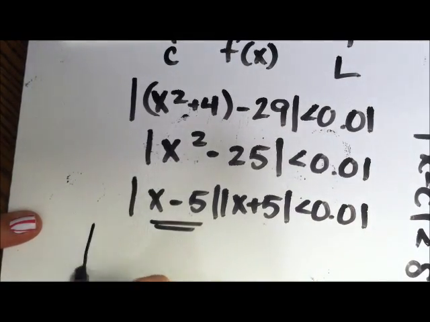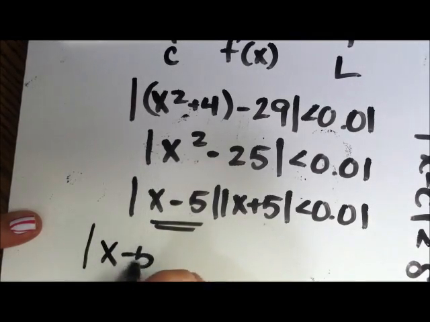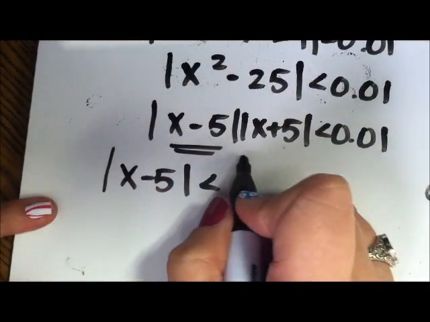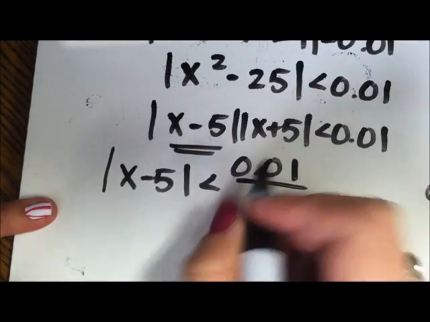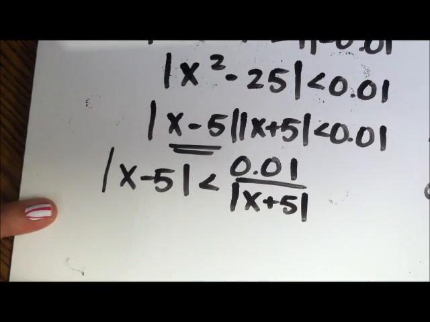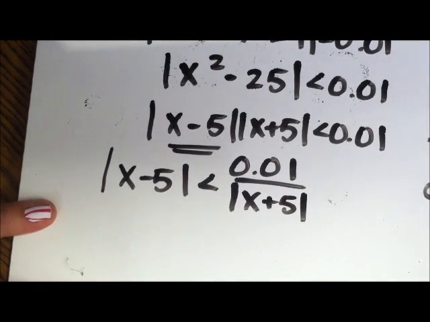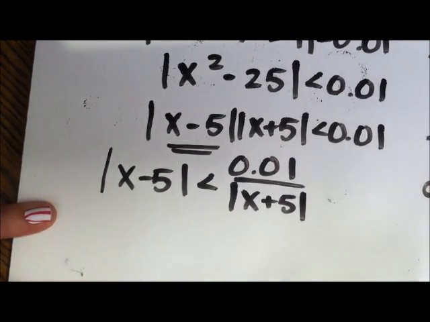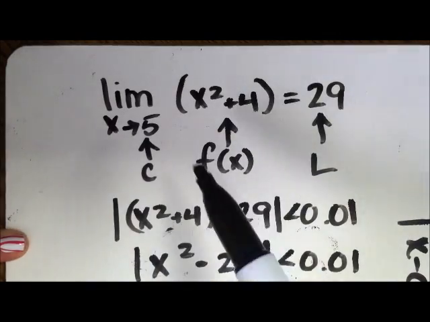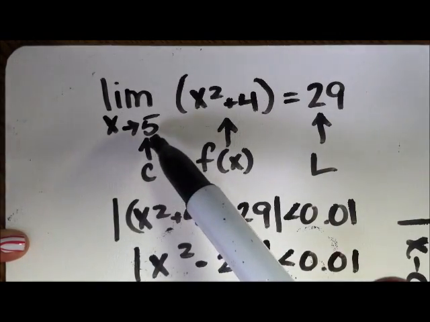I'm almost there, so I'm going to leave the absolute value of x minus 5 by itself, and move my 0.01 over the absolute value of x plus 5. Now this is where the conceptual part comes in. When I look back at my original limit, I see that c equals 5.